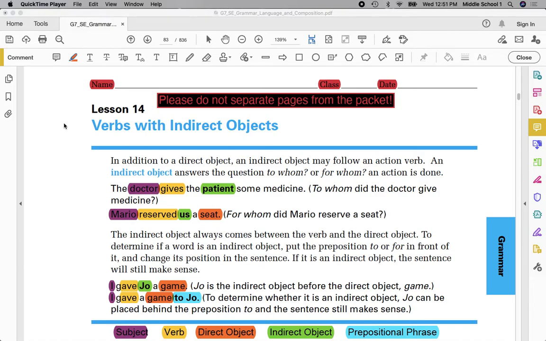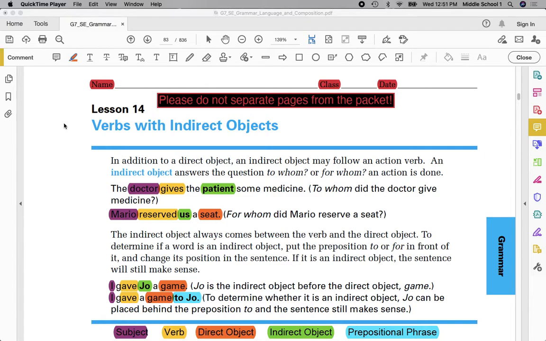Today's lesson, I really want to emphasize the importance of remembering and using what we have learned so far this year. If you will notice toward the bottom of the screen, I have 5 different colors. And I'm using these 5 colors today to help you to see the relationship between the words in the sentence.